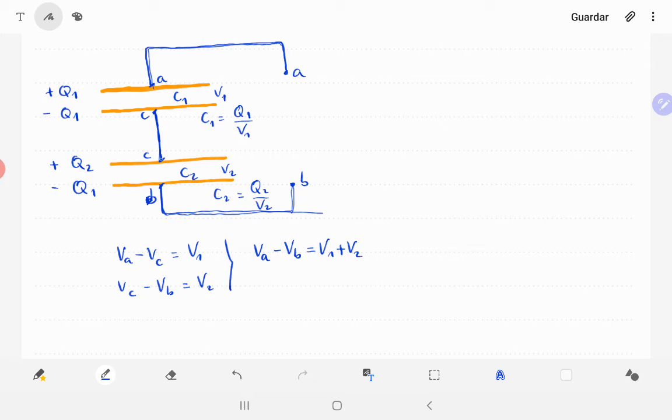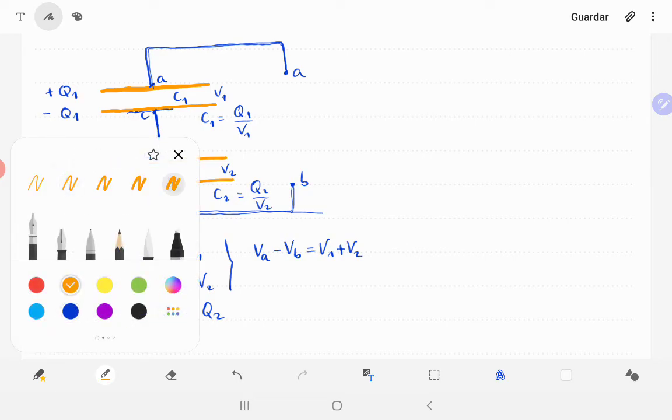The surplus of electrons in this plate here is equal to the deficit of electrons in this plate here. The total charge I'm having here is Q, and it's the same as Q1 and the same as Q2, okay?